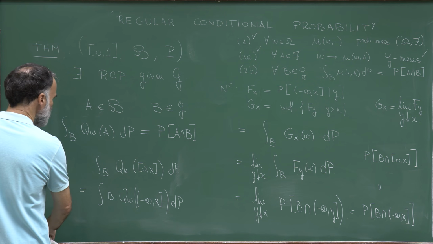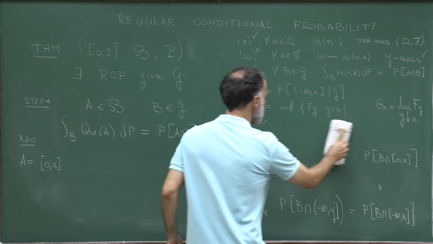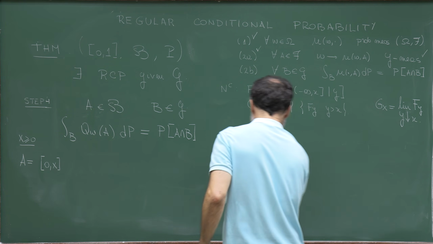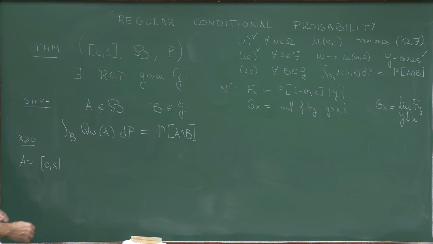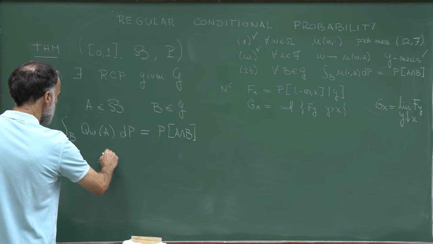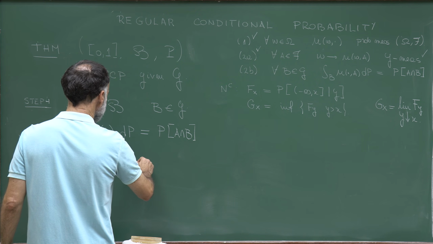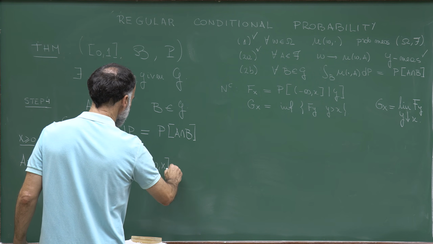And now we will proceed as before, extending this identity to the whole sigma algebra just by using the monotone class theorem. So it's fine if A is equal to [0,x].